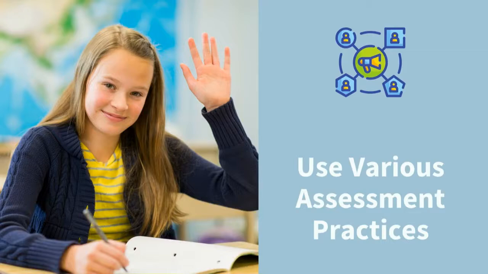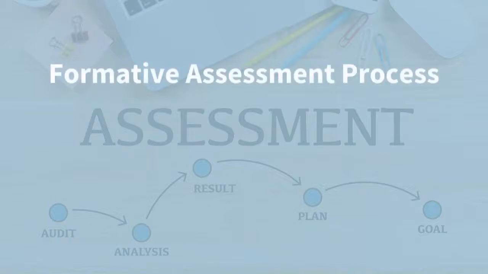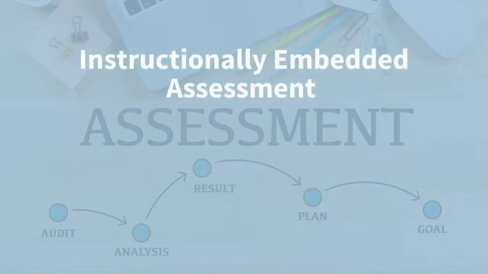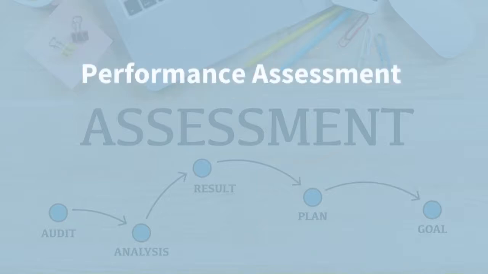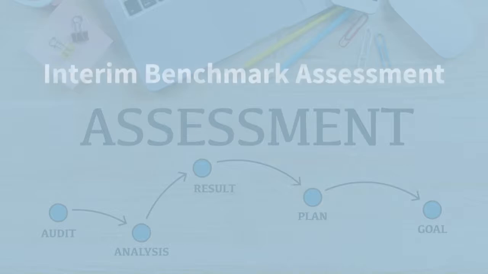Use grade level standards, cognitively demanding tasks, and a variety of assessment practices periodically during instruction, including the pre-assessment process, the formative assessment process, instructionally embedded assessment, performance assessment, assessment of social emotional learning, and interim benchmark assessment.